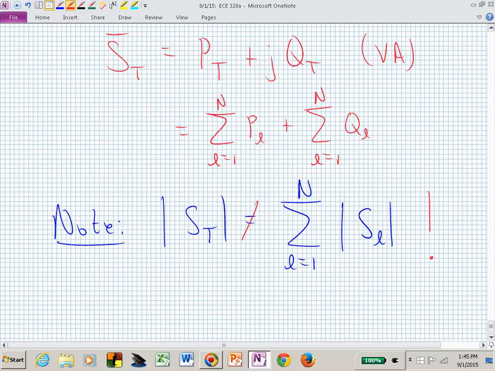And now just start drawing some triangles where the horizontal lines are your P's, the vertical lines are your Q's, and see if your total hypotenuse ends up being equal to the length of all of those sub-apparent powers. We'll pick up at that point on Thursday.